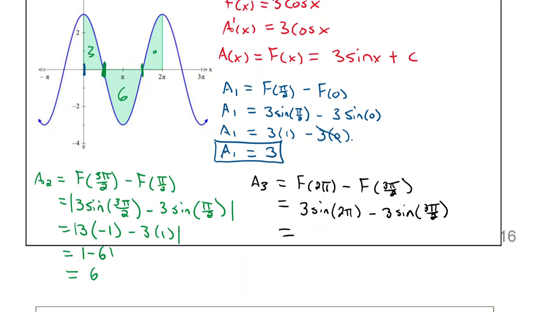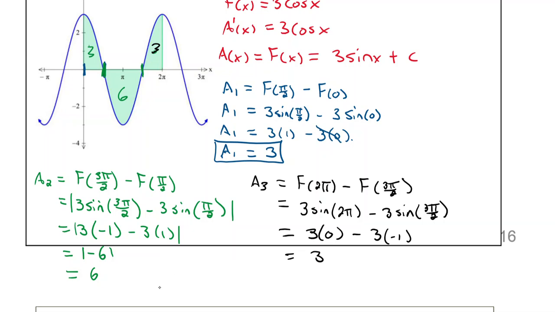So this is 3 times, sine of 2 pi is 0, minus 3 times negative 1. Okay, so this comes out as 3, just like we were expecting.